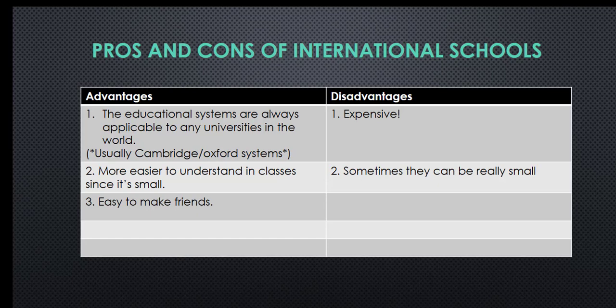The cheapest international school you can find in Malaysia is called Al Nur International School, which starts from around 3,000 ringgit per semester.